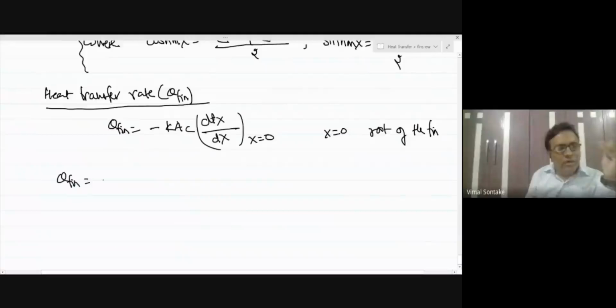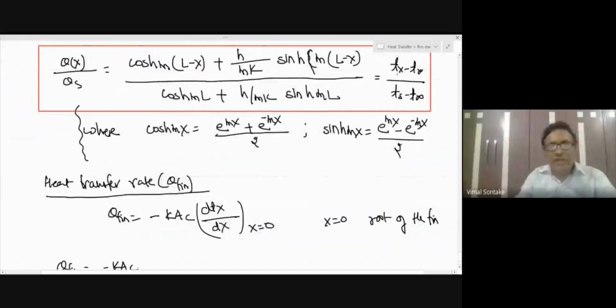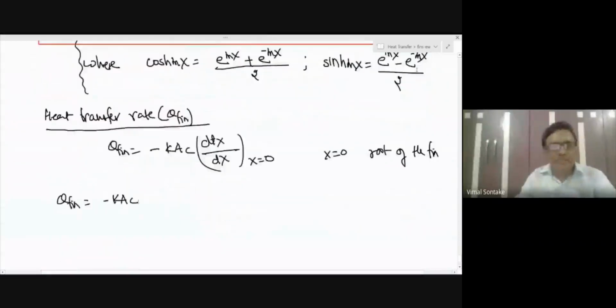Q fin is equal to minus kAc d over dx of Tx. And how can you find Tx from this expression? Tx will be this: I have to multiply Ts minus T infinity along with this entire term plus T infinity.